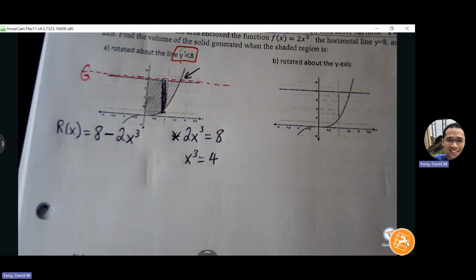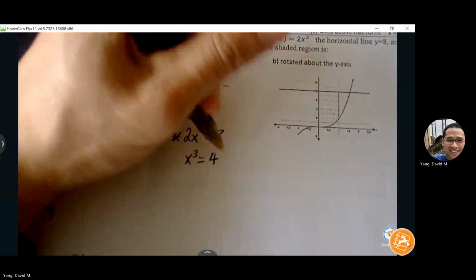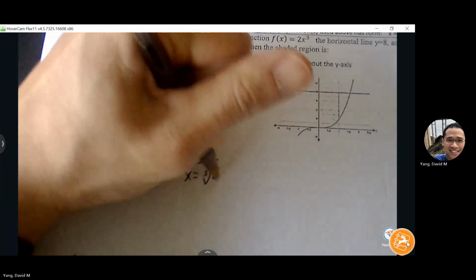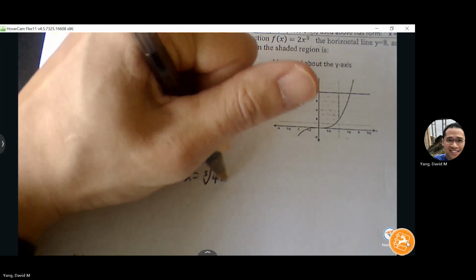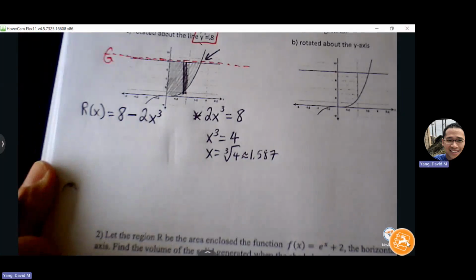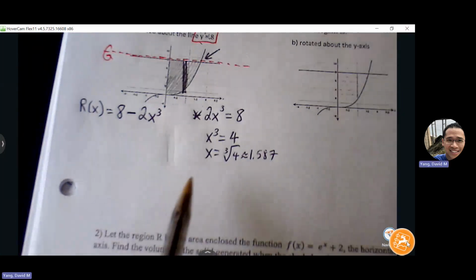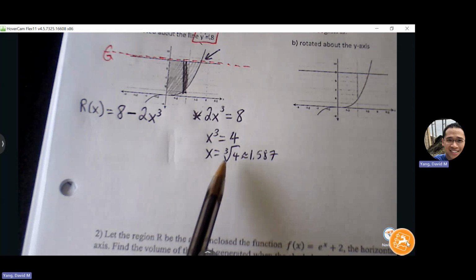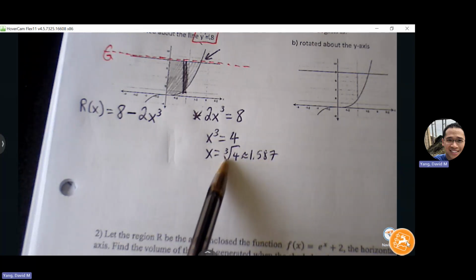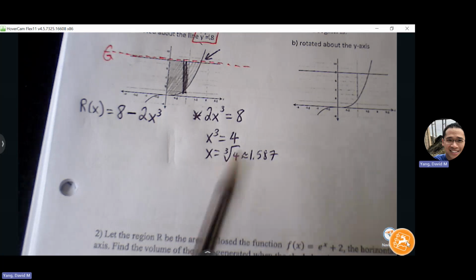You can leave it like that, or you can have it as a decimal value, which is around 1.587. But I think cube root of 4 is more accurate because then you don't have to worry about decimals. The way you get to cube root is you do math 4. Math 4 will get that cube root to show up.